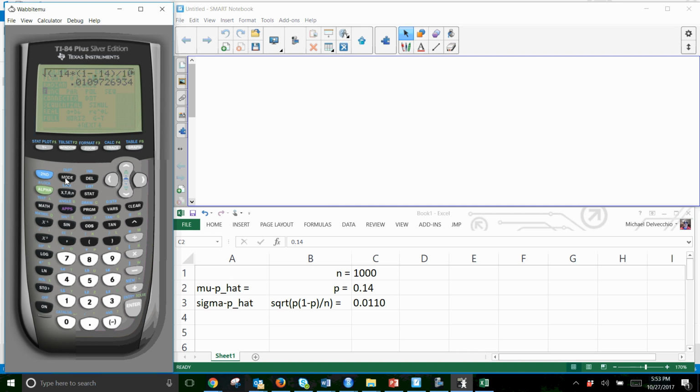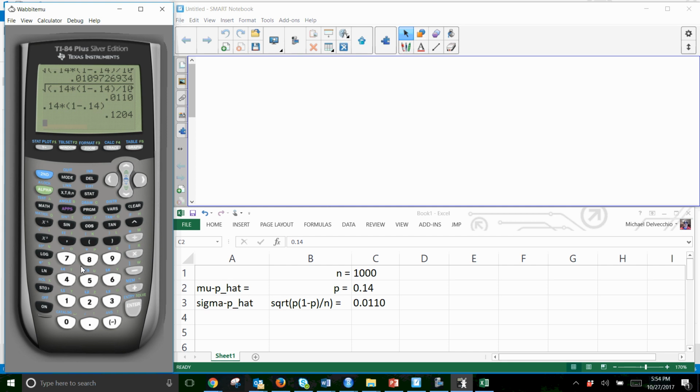So now, if I were to enter that again, you see it automatically rounds it for me. I'll show you another little trick too. You notice that in both these problems, the numerators were the same, right? Because the p-value was the same. So you could take advantage of the store function. One thing you might want to do is 0.14 times 1 minus 0.14, and you can enter that.